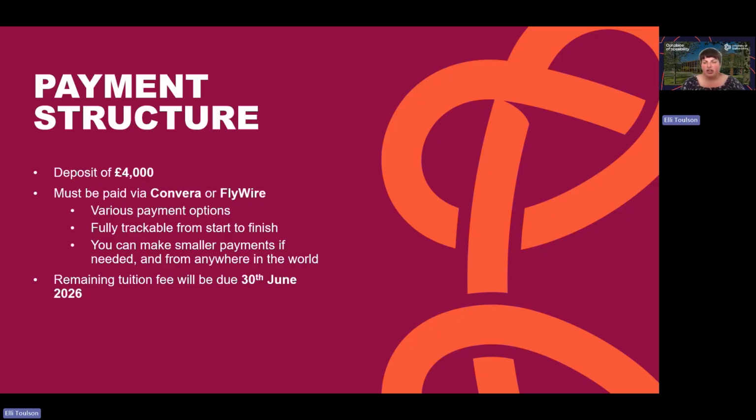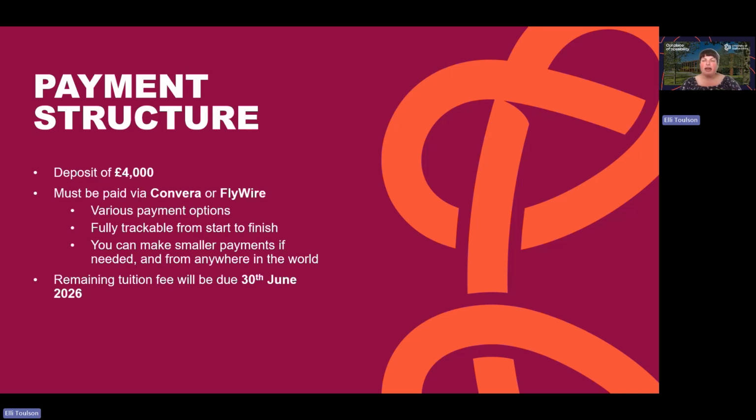The reason we ask you to pay via either Convera or Flywire is because the payment options are varied, and you can pay from anywhere across the world. There is also the option for you to track exactly where your deposit is, so you will know when the university has actually received that money.